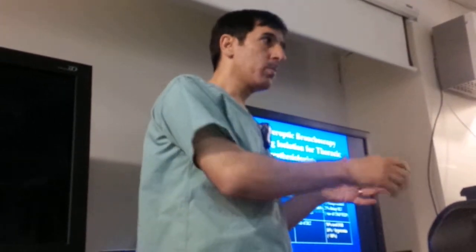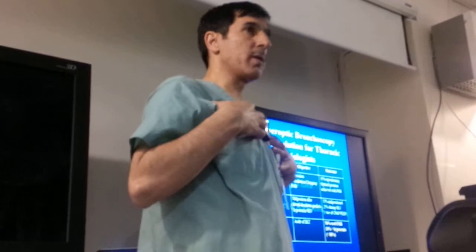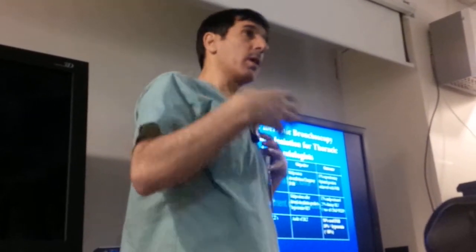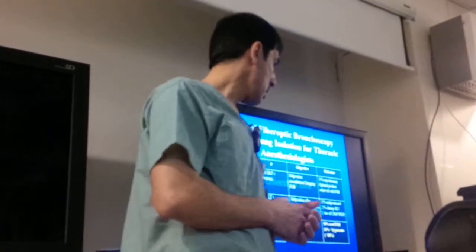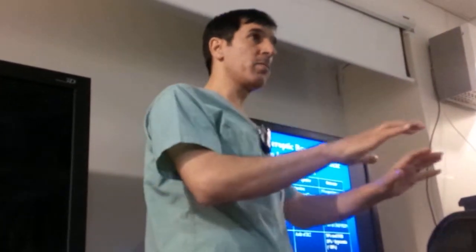With the double lumen tube, we clamp the left side, then we auscultate. We isolate one and auscultate, and see with auscultation if the isolation is okay or not. Now we brought a number of anesthetists and they did this and auscultated and confirmed the position. Then we brought another expert anesthetist to do fiberoptic bronchoscopy and see the position of the tube.